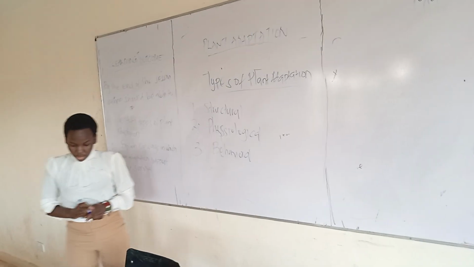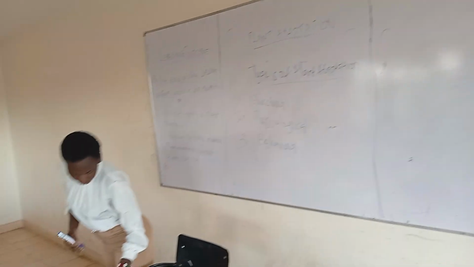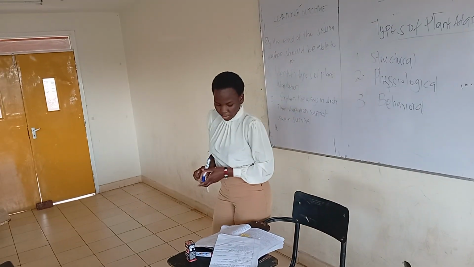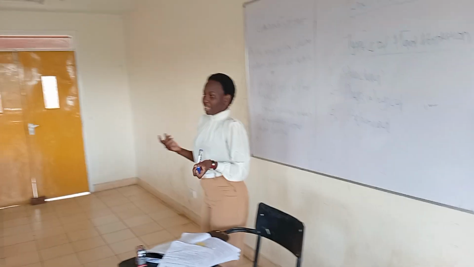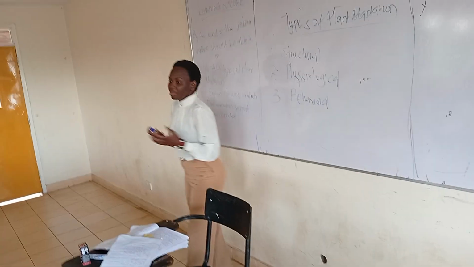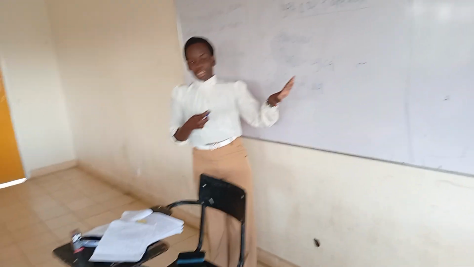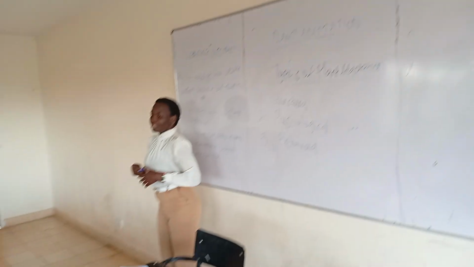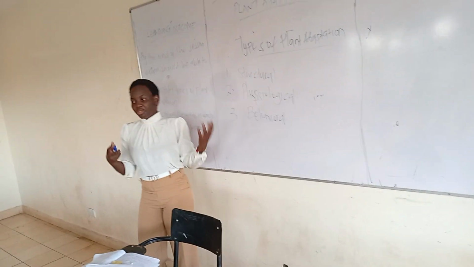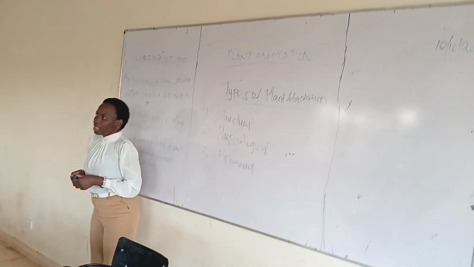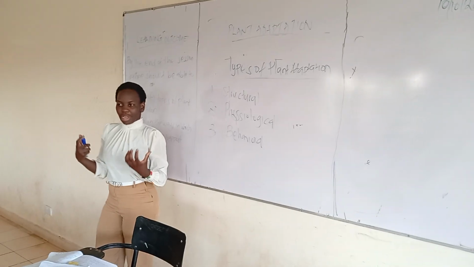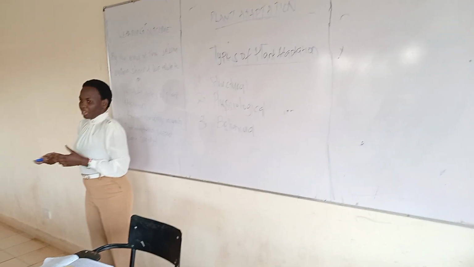So structural adaptation. These are just the physical features or external characteristics of plants that make them survive in their environment. So we said that adaptation is whereby these are features or characteristics that make a plant survive in the environment.